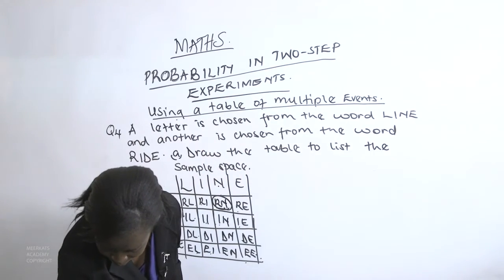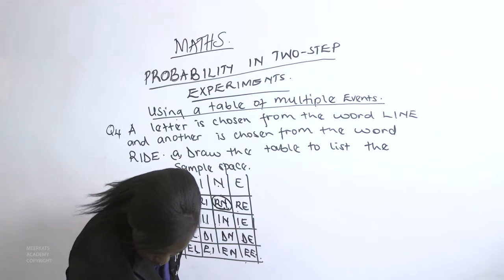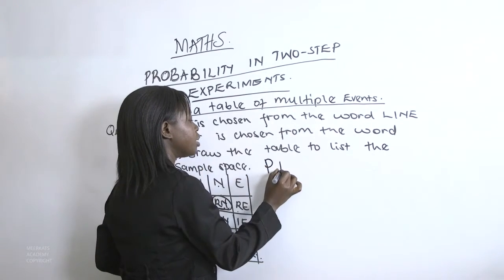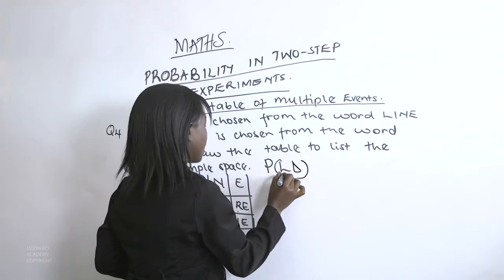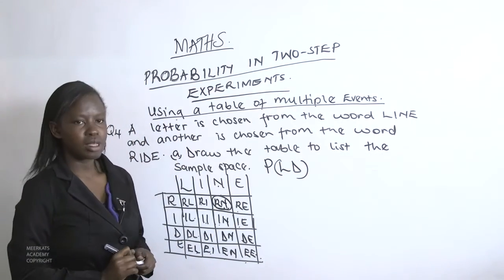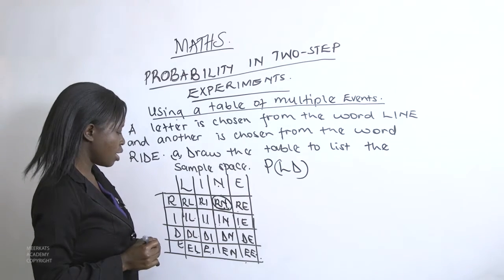Part D, we are to find the probability of LD, where L is being chosen from the word line and D is being obtained from the word ride.